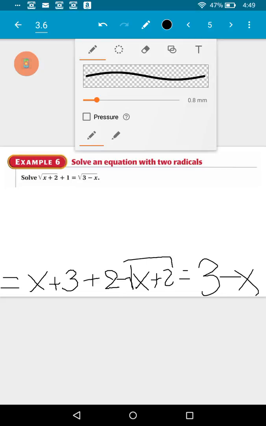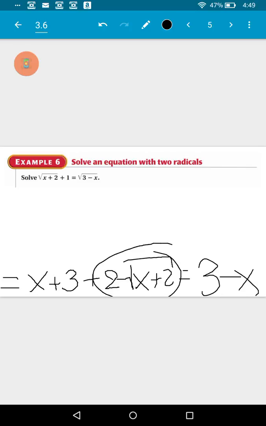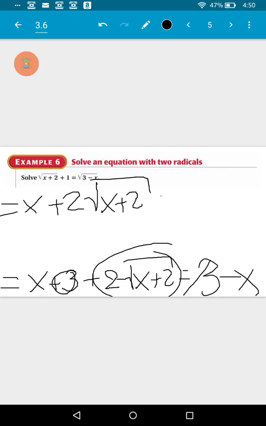So now I want to get this by itself because I want to get rid of that radical. We don't like that radical, okay? So first thing, I'm going to move that 3 right here. Opposite of plus 3 is minus 3. These cancel out, so I'm left with x plus 2 equals x, because 3 minus 3 is 0.